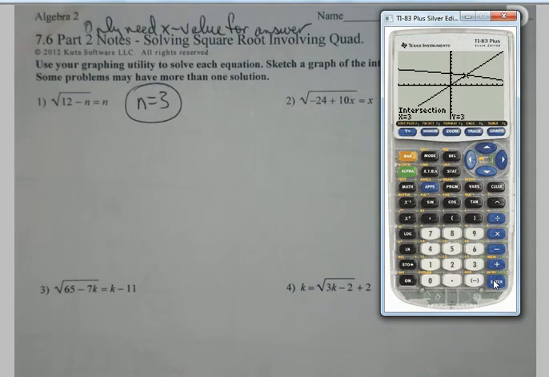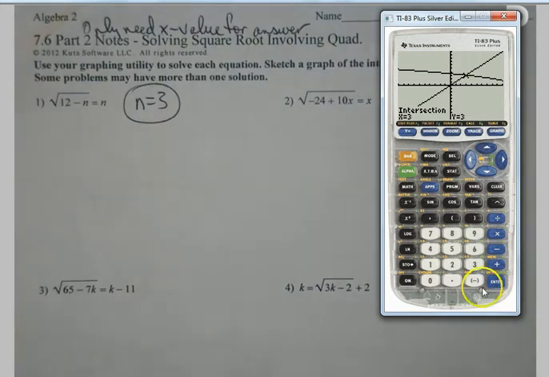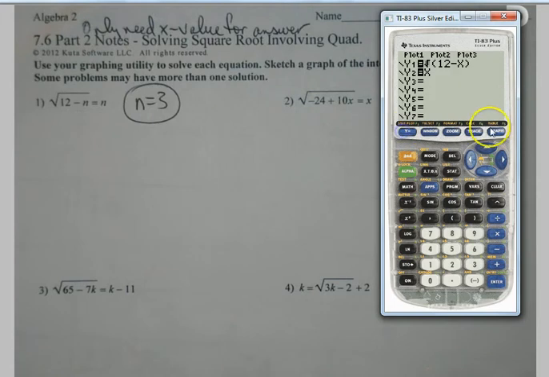No, you don't. But here's something you may want to be aware of too if you're using the calculator. If you don't want to hit all the buttons to play with the intersection, there's another way to do it. Once I've graphed it, so if I just went back to y equals and hit graph, you go to the table.